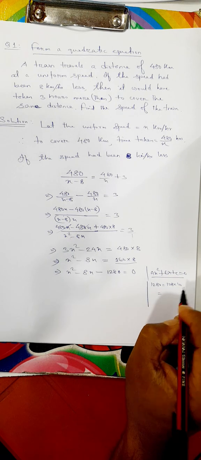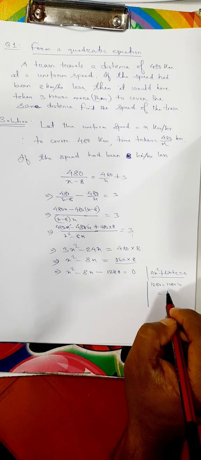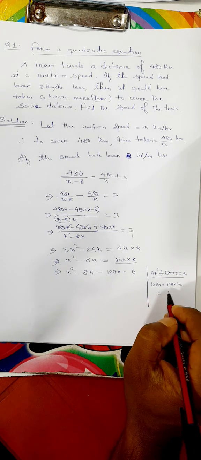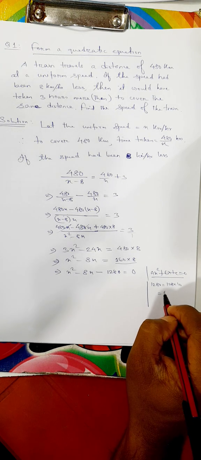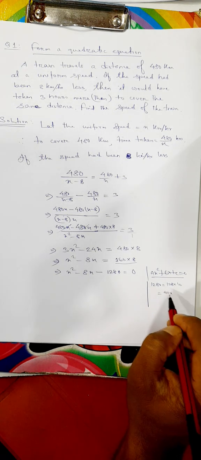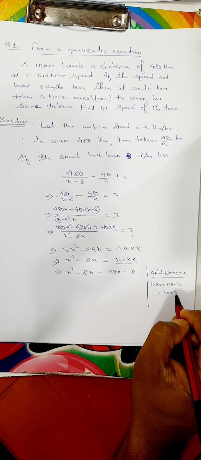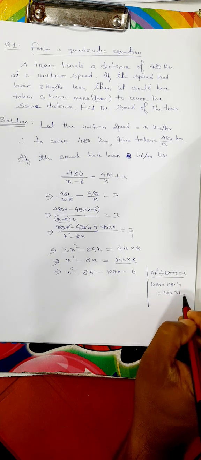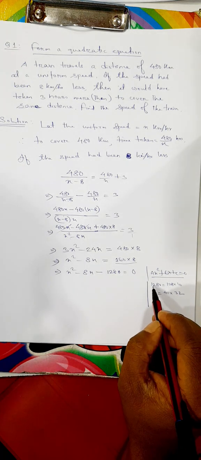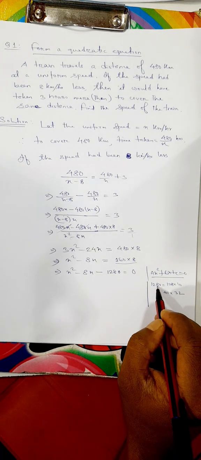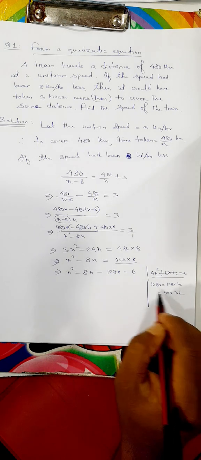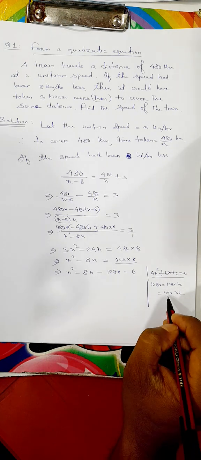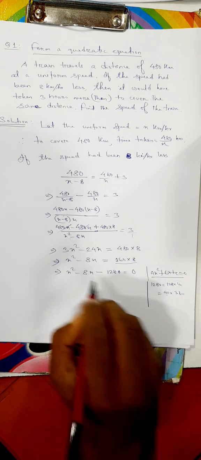Think another way. Say for example, this can be factorized as 40 into 32. 40 into 32 equal to 1280. Now 40 minus 32 equal to 8.